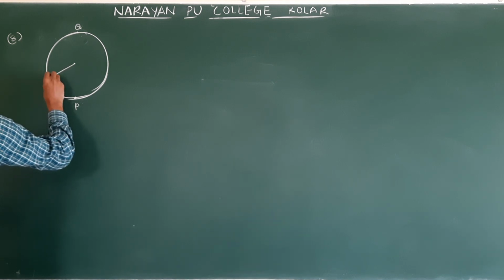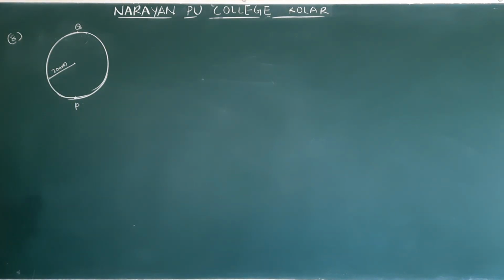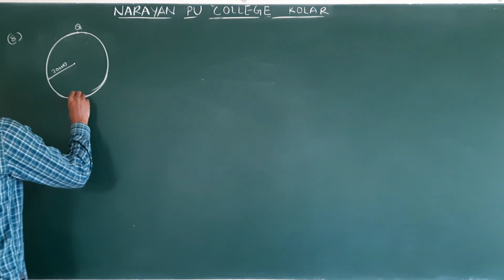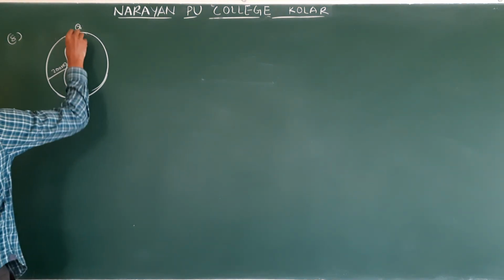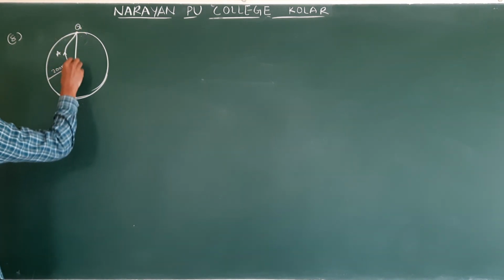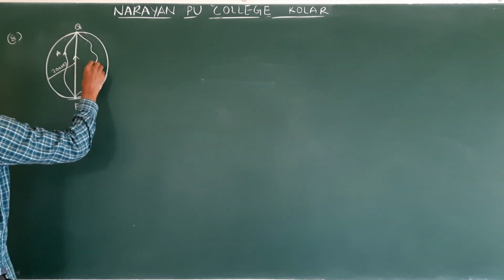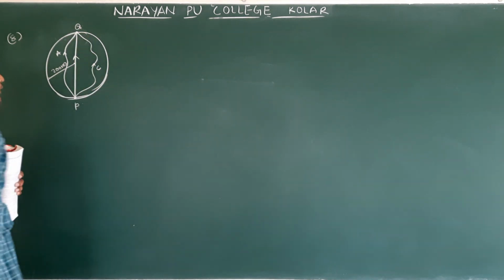They gave 200 meters. Clear? And they gave three different paths. A girl moved like this. This is the A girl's path, and the B girl followed the path like this, and the C girl followed like this. Clear?